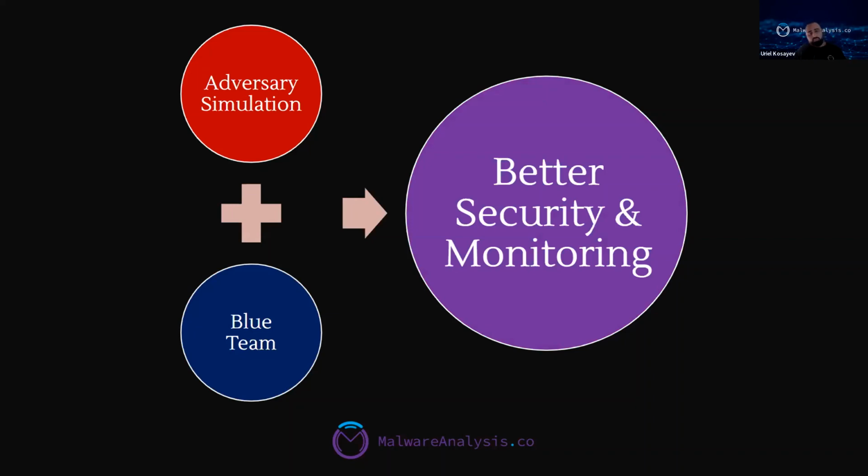You go and cooperate with the teams. Of course, it can take a lot of time and a lot of resources, and not all organizations are prepared for such cooperation or way of working. But if you take the adversary simulation team or red team and sit with a blue team, you get what's called a purple team, or I should better call it security and monitoring.